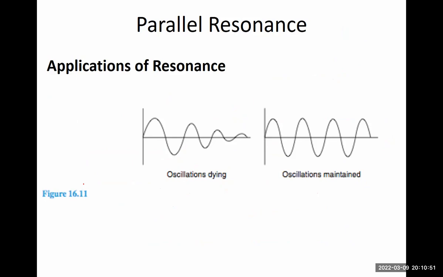So this is another application of resonance. We put in resonance for oscillators that are already dying. When you say dying, the signal is weakening, maybe because it is so far away that the antenna can no longer pick it up.